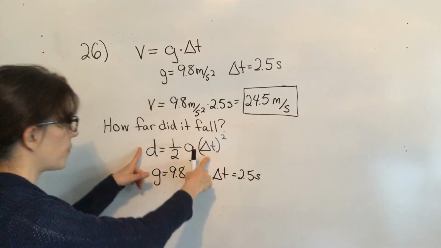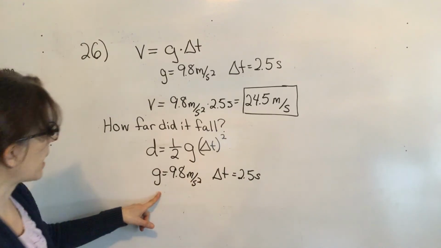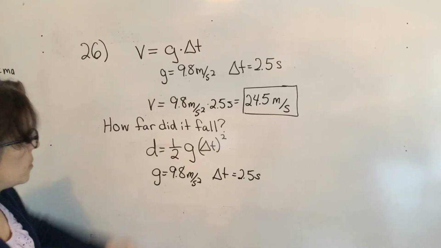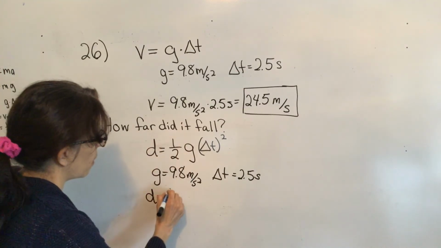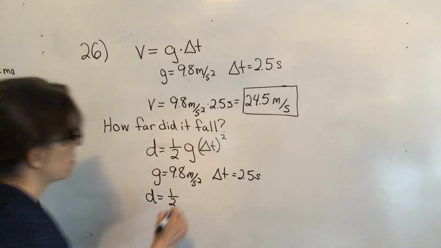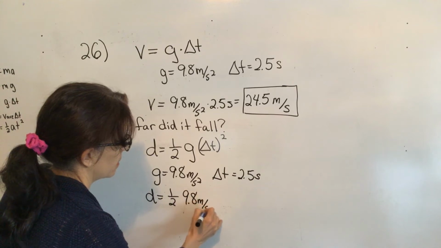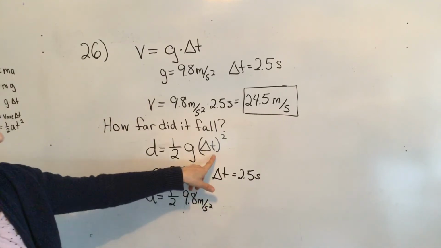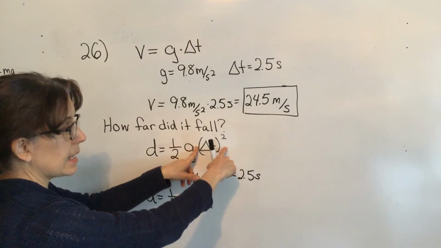All right, so we wrote our formula. We wrote our variables. Okay, now we're going to substitute. d equals 1/2. We already have a number there. For g, we need a number there, so we put 9.8 meters per second squared. For delta t, we have to put the number there exactly like it is in the equation.